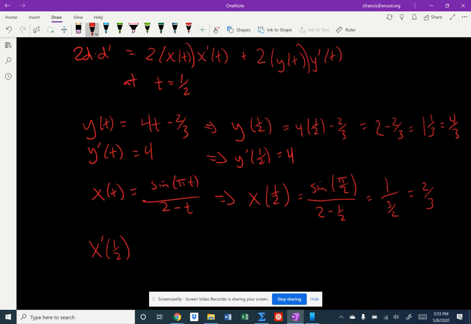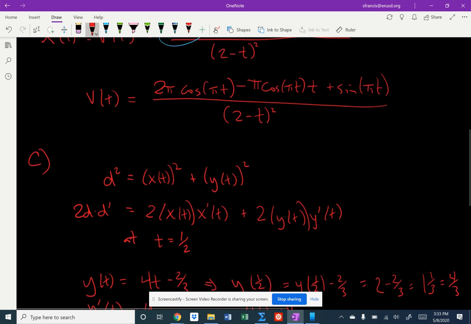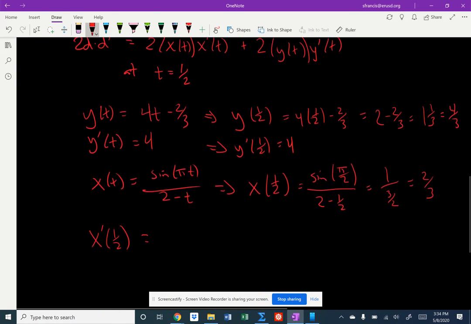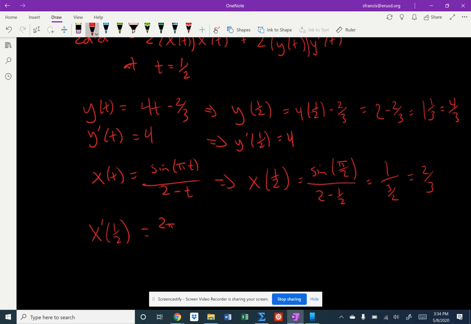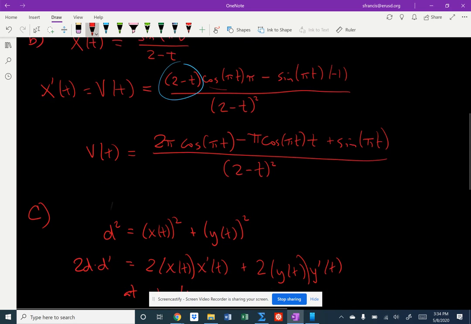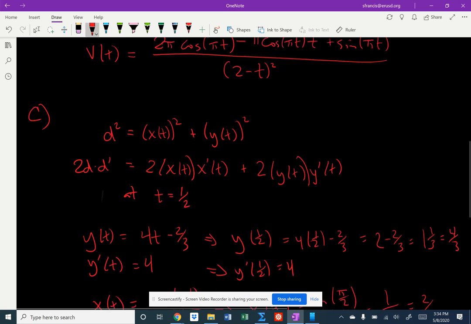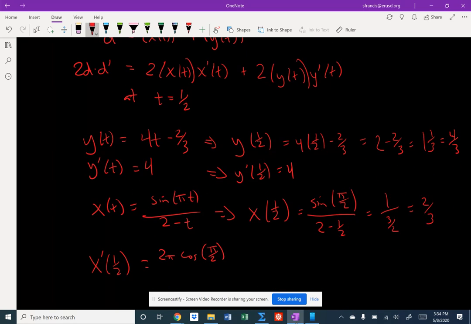Let me make sure I didn't make any mistakes. Yeah, okay. And then down over here, what was our derivative? 2 pi cosine pi t. So 2 pi cosine pi over 2, and then pi cosine pi t times t, and it's minus pi cosine pi over 2 times 1/2.